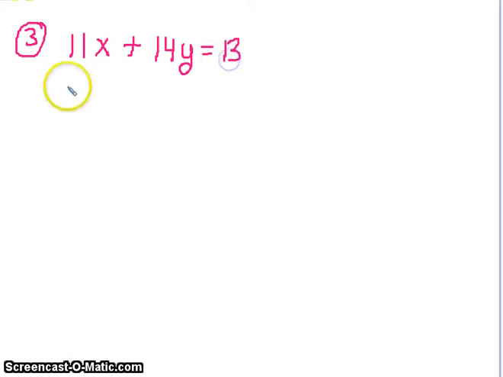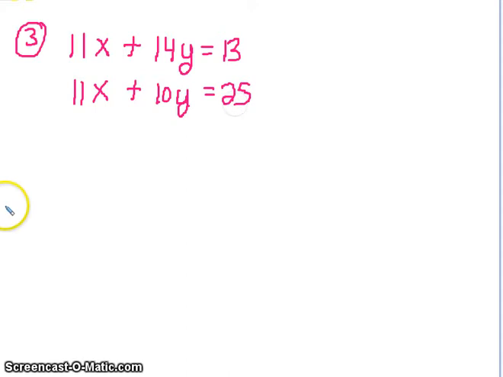I am on number 3, and we are going to have 11x plus 14y equals 13, and 11x plus 10y equals 25. Now, you may say, wow, these numbers are ridiculous.